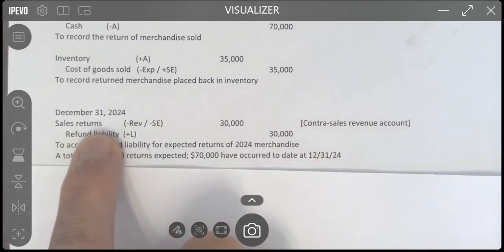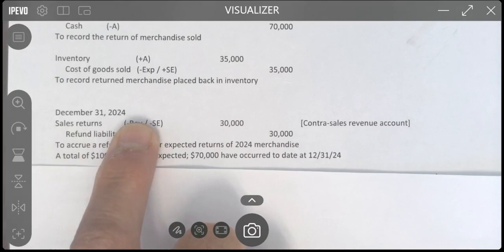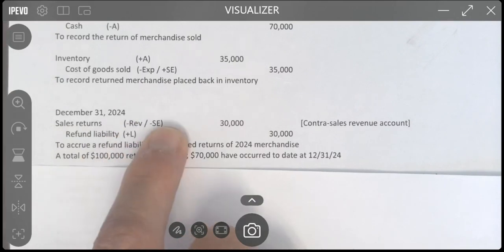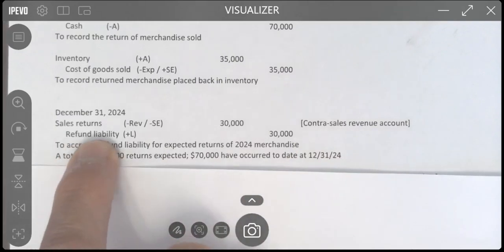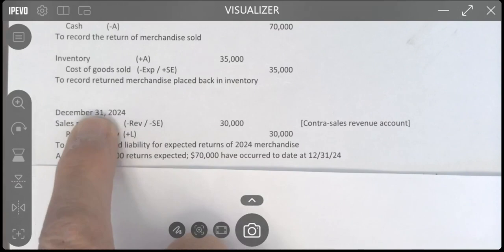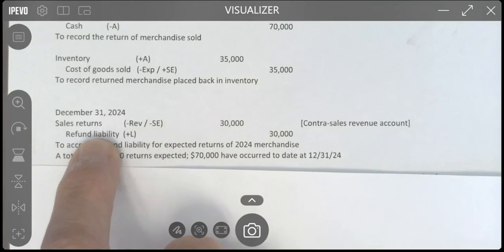Now let's look at the debits and credits. The debit is sales returns, which is a contra revenue, contra stockholders equity account. But the credit this time is not cash. When they returned them within the period, we gave the customers their cash, and we credited cash. But here, this hasn't occurred yet.